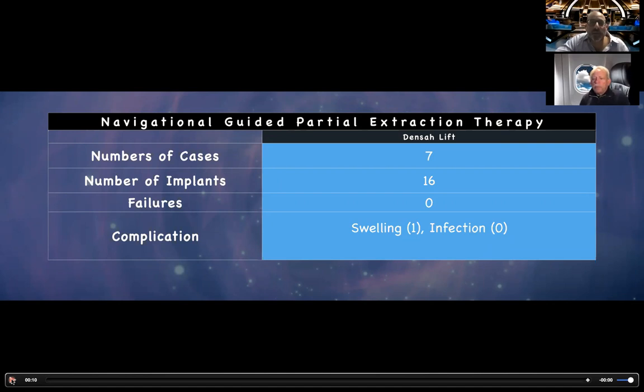You'll see from... But you would still want to integrate now with the latest versions of the software for Navident, if you had a diagnostic wax-up and were bringing in STL files, so that you could maximize your planning, correct? Oh, absolutely.